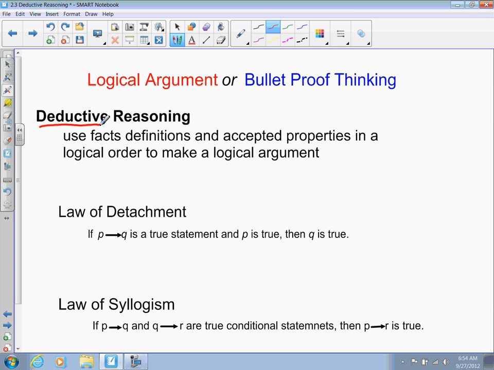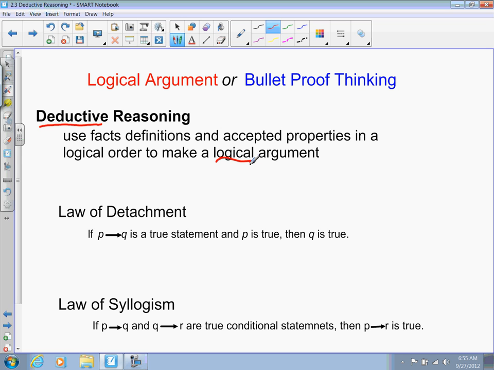It doesn't mean it's always true, but if the first part is true, then the second part is true. And we're going to explain everything in our book by using this deductive reasoning. That deductive reasoning is using definitions and accepted properties in a logical order to make a logical argument. So we're all about logical in geometry class.